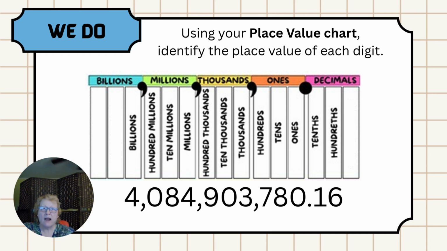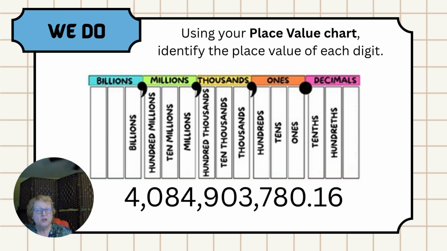And to the right of the decimal point are 2 place values, tenths and hundredths. And as a fourth grader, you are expected to not only be able to recognize all digits all the way up to billions, but also to be able to identify the place value of digits in the tenths and the hundredths place, which is to the right of the decimal point.